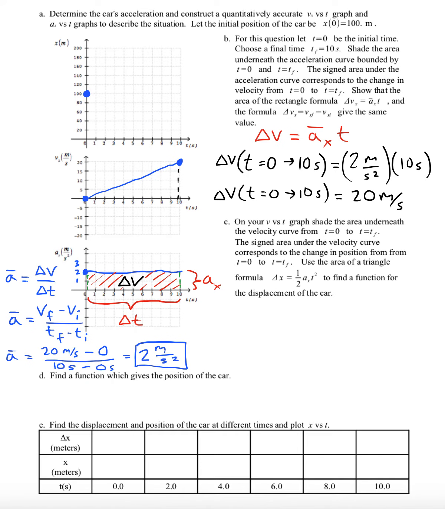Oh, and let's draw that. Delta V. So the idea here is that the area under one of the curves is equal to the change in value of the graph above.